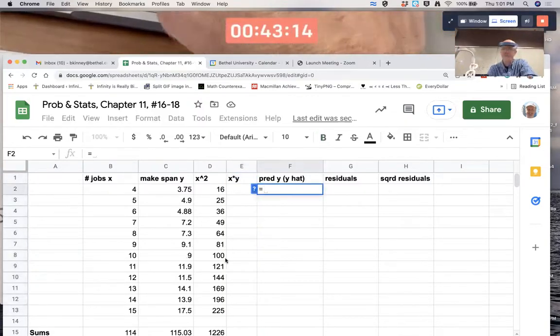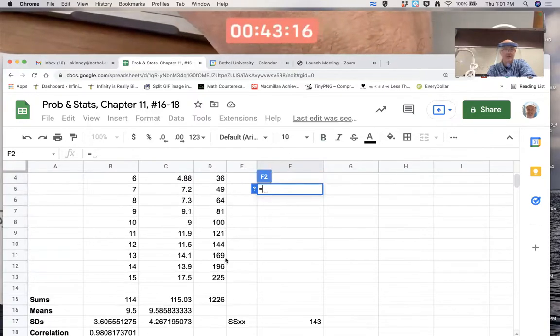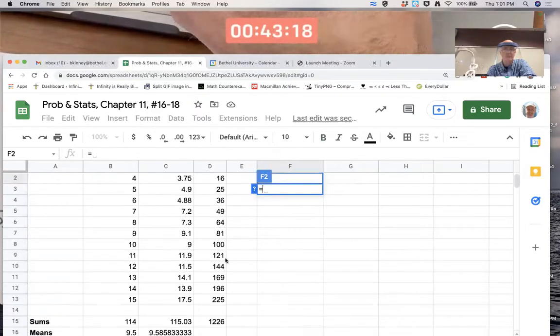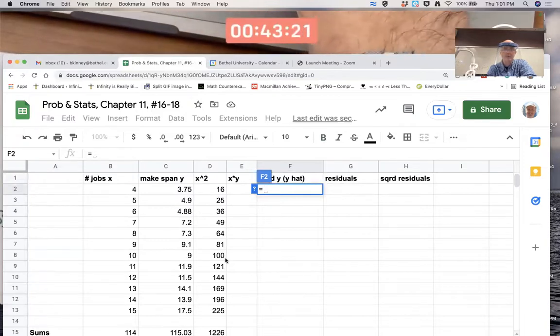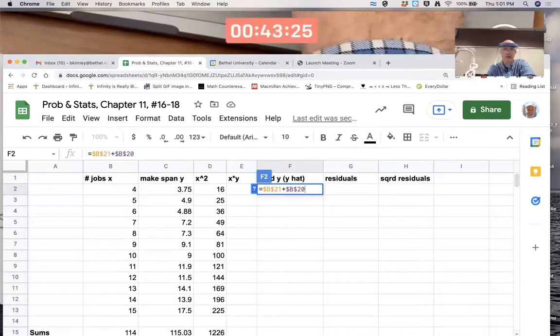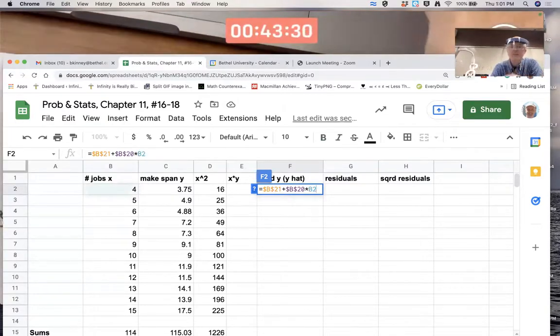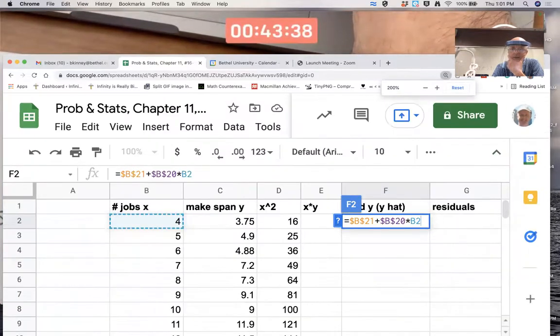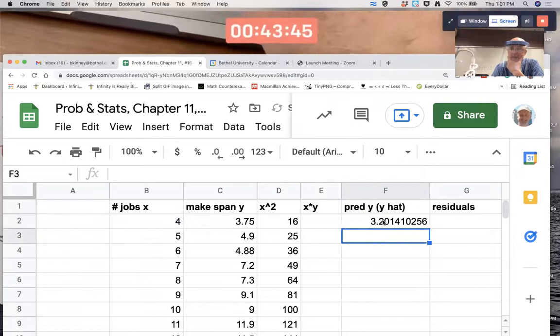That's where you use the observed slope and intercept that are in cells B20 and B21. B21 is the intercept plus the slope in B20 times X. Dollar signs around the B's for the 21 and 20 because those are absolute cell references. Nothing around the B2 because that's a cell reference I want to change as I click and drag.